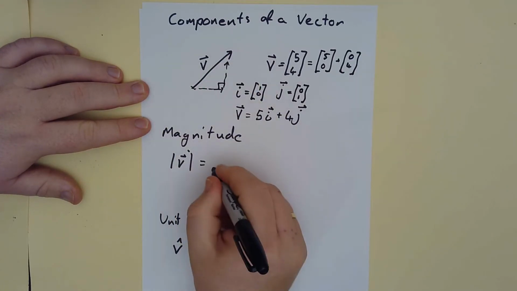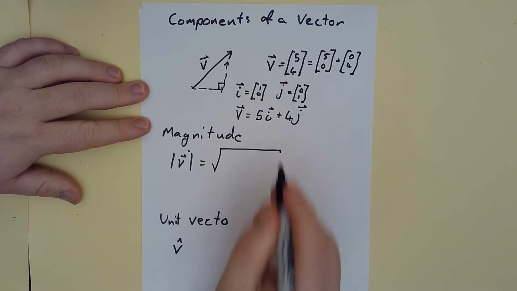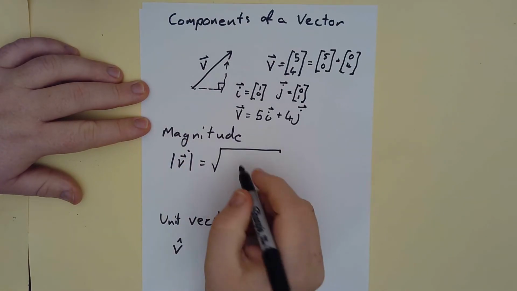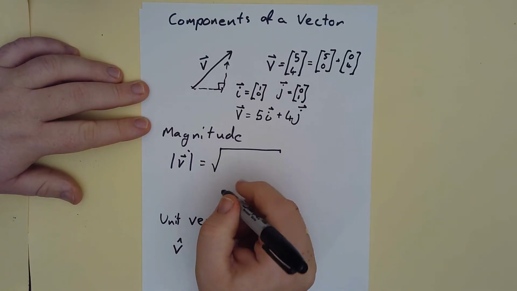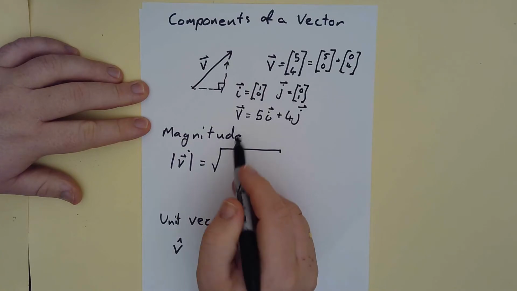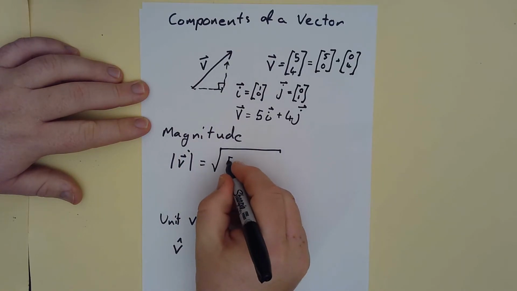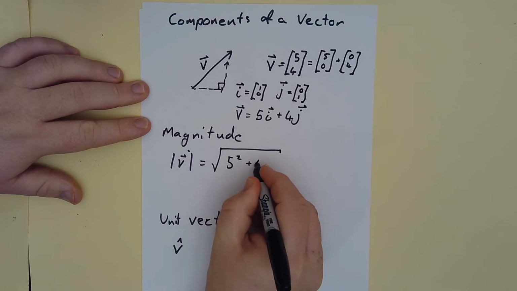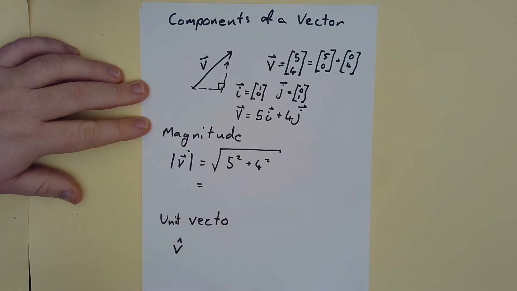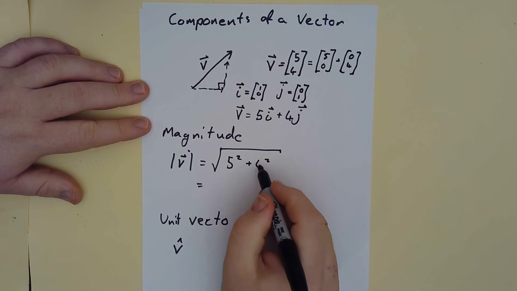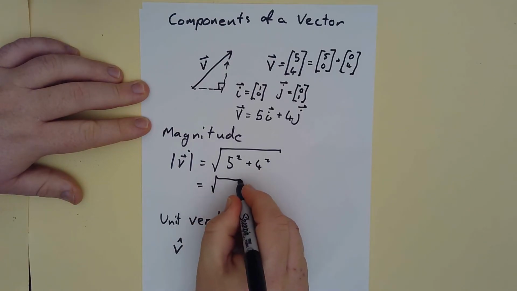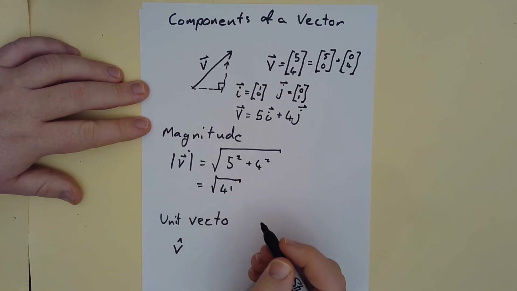I'm only looking for the normal one, not the square of it, so I need to square root the two things I said. So it's the i component squared plus the j component squared, so it's 5 squared plus 4 squared. 5 squared is 25, 4 squared is 16. So I end up with the square root of 41, whatever that is.